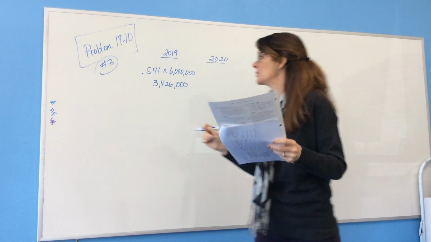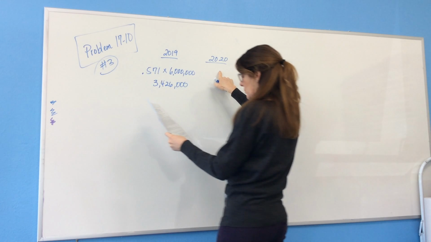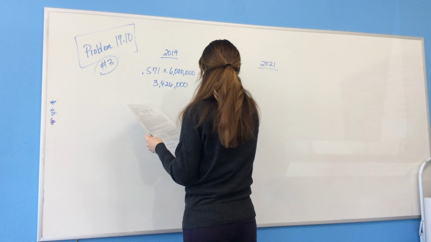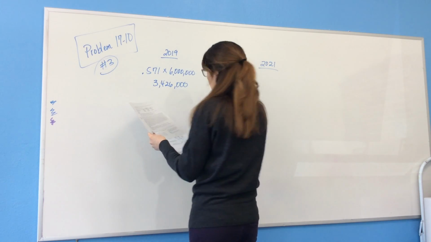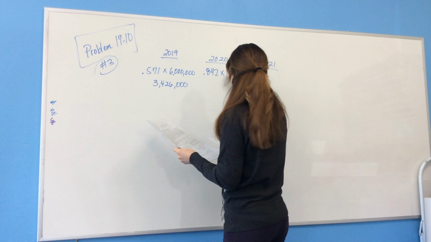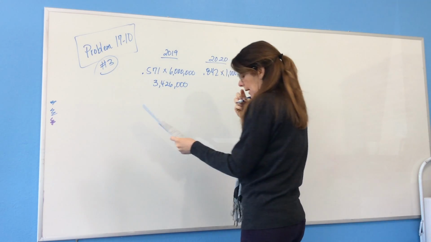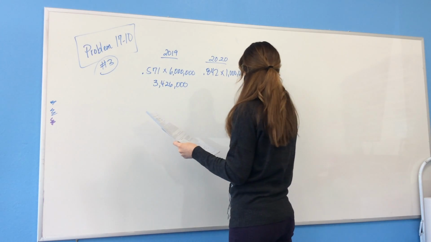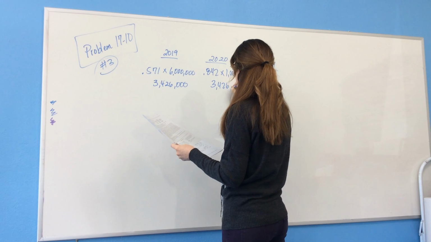Hopefully you guys can continue to see me, sorry. For 2020, I'm going to do the same sort of thing. I've got my 0.842. I'm going to multiply that by only 1 million because that was my estimated gross profit. But once I do that, I'm going to actually subtract this number here, the 3,426,000.